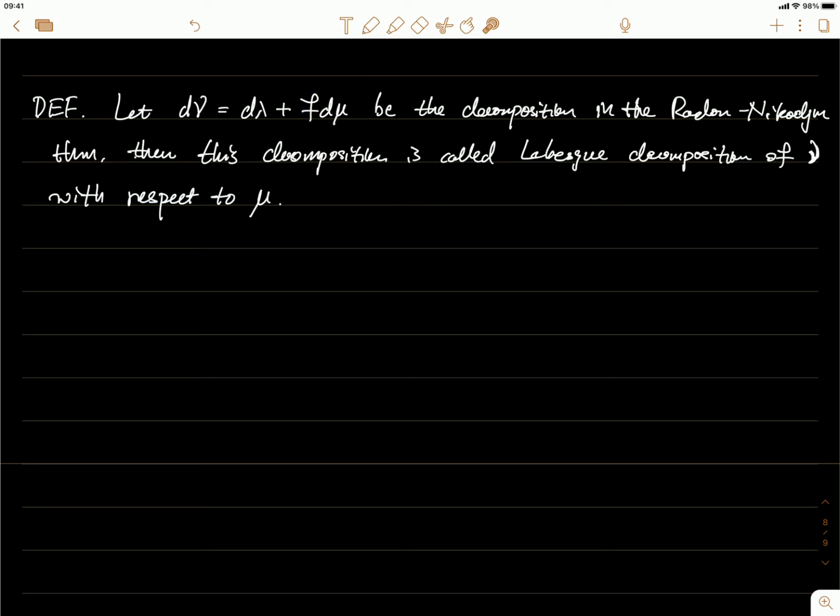This is called a Lebesgue decomposition of nu with respect to mu.